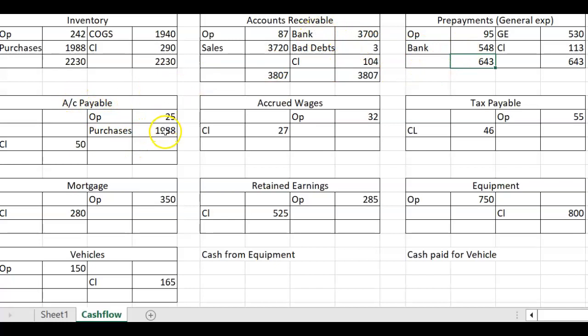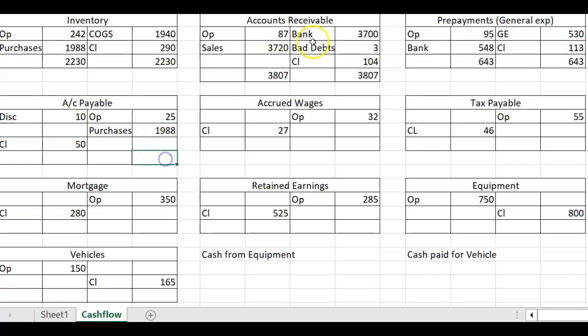Accounts payable, we've got opening plus purchases. So we need to look, see if there's anything else in there. Looking through the income statement, there's nothing that you can see obvious in the income statement. So turn over to the note, and you'll see note 2, discount received of $10,000. That'll decrease how much we have to pay.